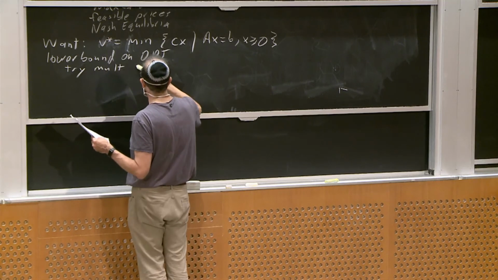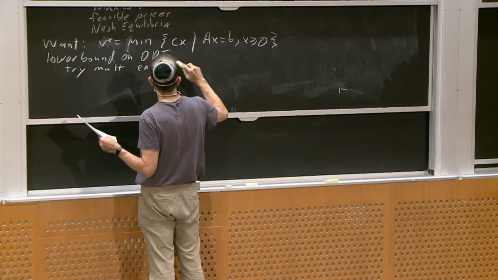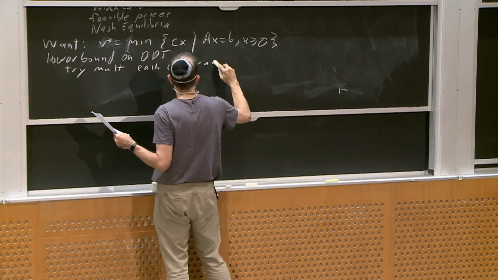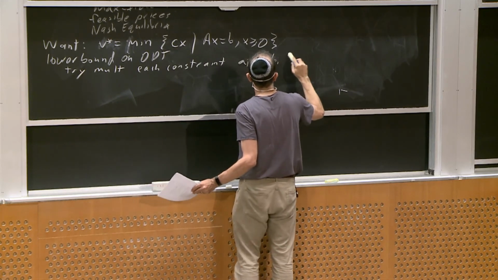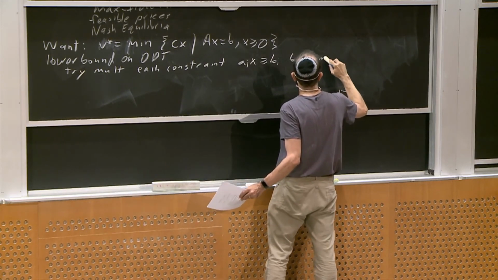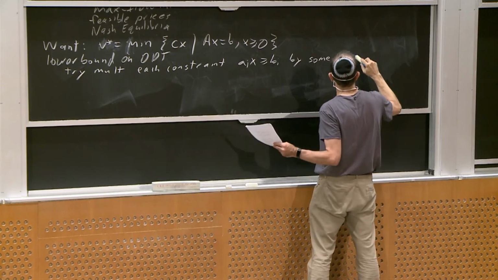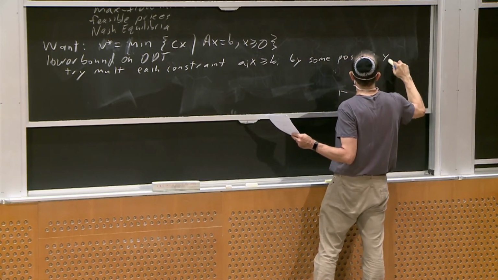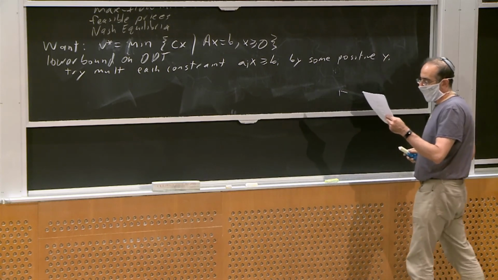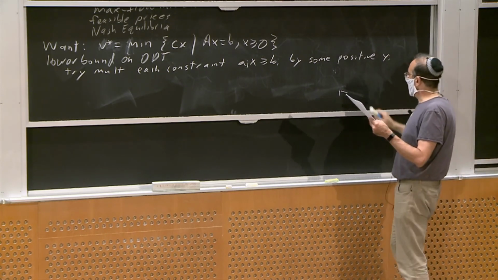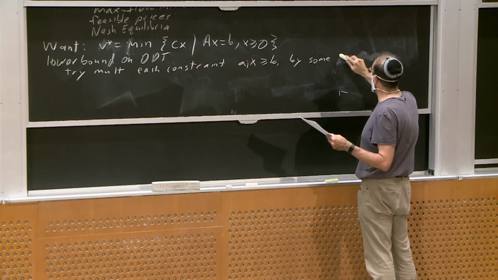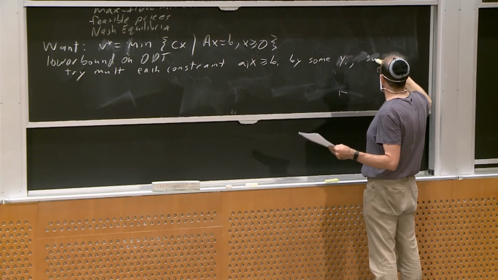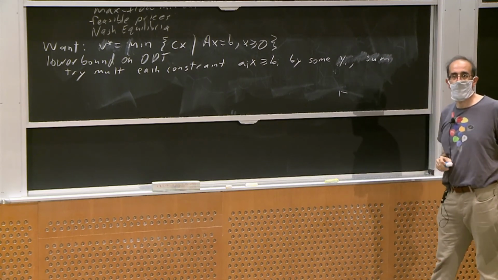Imagine if we try to multiply each constraint, a_i x equals b_i, by some y_i. And then adding up the results.